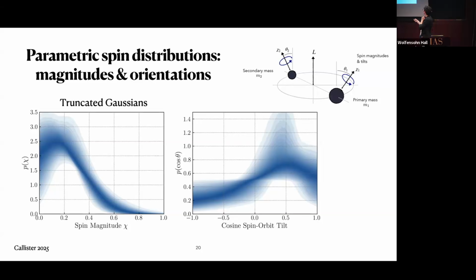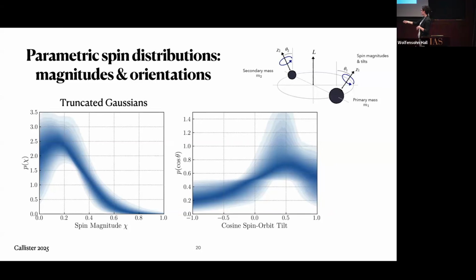These models assume that both spins are drawn from the same distribution. There's not really a good reason for that, but that's what these models assume. You could fit for the spin magnitude as a truncated Gaussian. So the spin magnitudes are drawn from some truncated Gaussian distribution, and you fit for the mean and standard deviation of that truncated Gaussian.